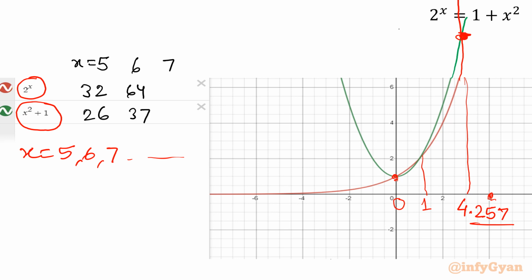You can see the rapid growth of the exponential function. 2 power 7 would be 128, while this would be 49 plus 1, 50. Now you can see the difference, how much faster the growth of the exponential is compared with a parabolic or quadratic equation. And we have seen this using the Newton-Raphson method also.